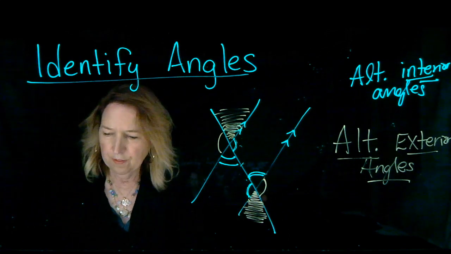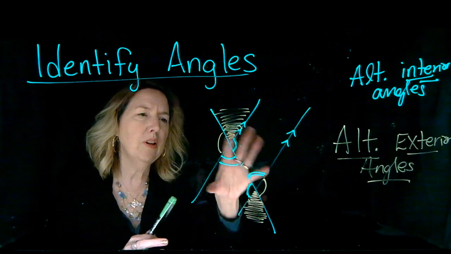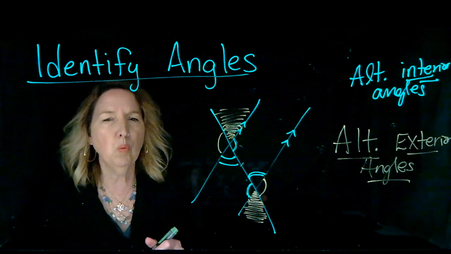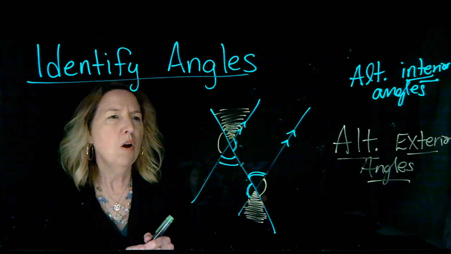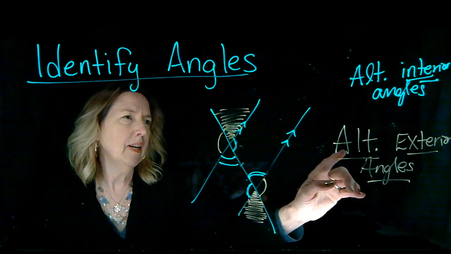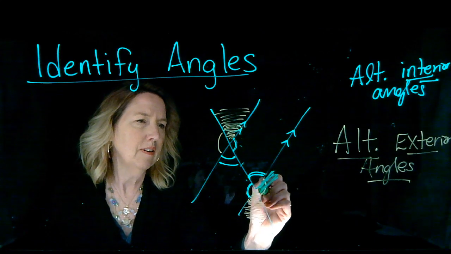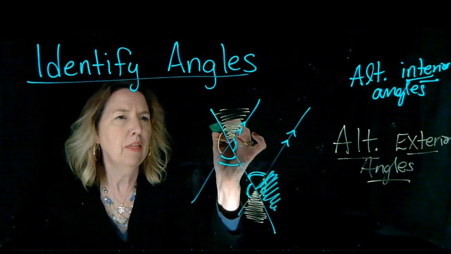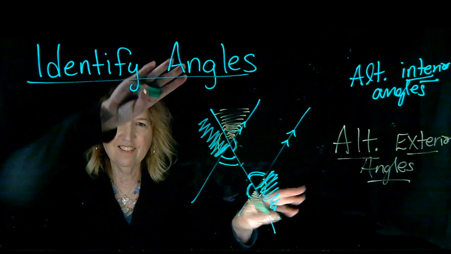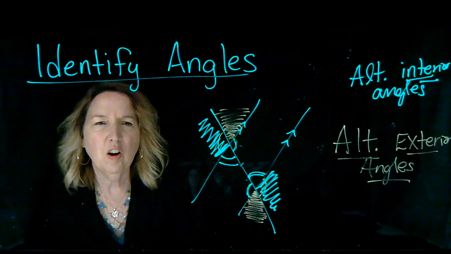So in a lot of diagrams, if you were to look this up, you'll see them color-coded and shaded, and that's a really good way to help you identify better what is going on. So again, alternate exterior angle. This one alternates with this one, and they're on the exterior, okay, as opposed to your interior alternating angles.